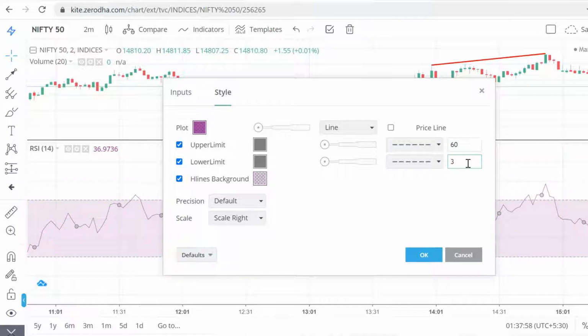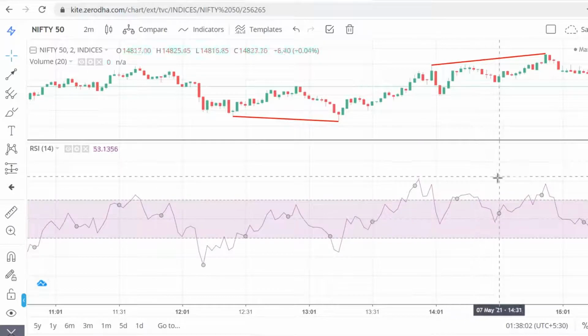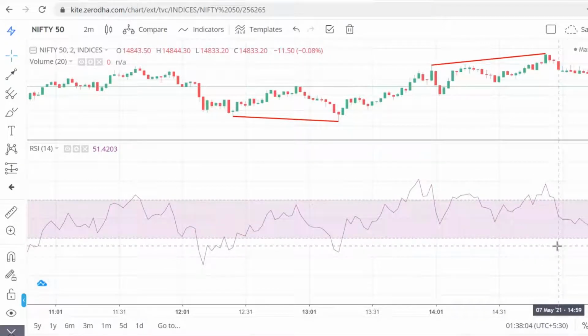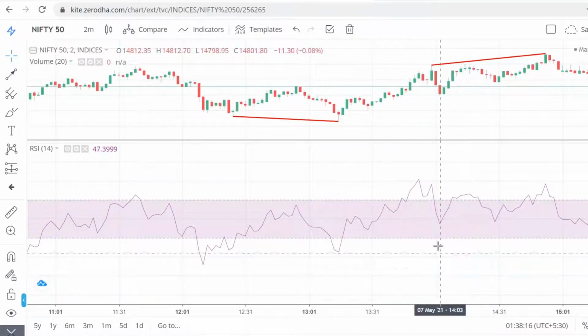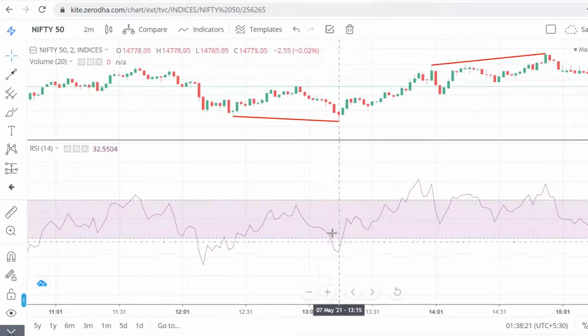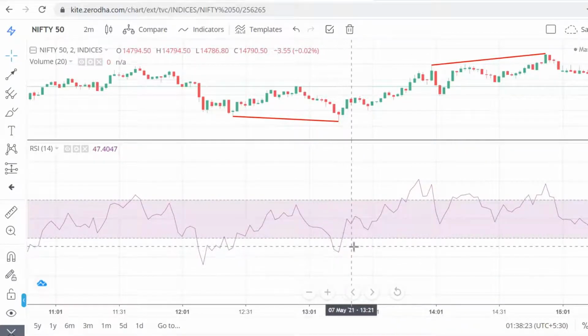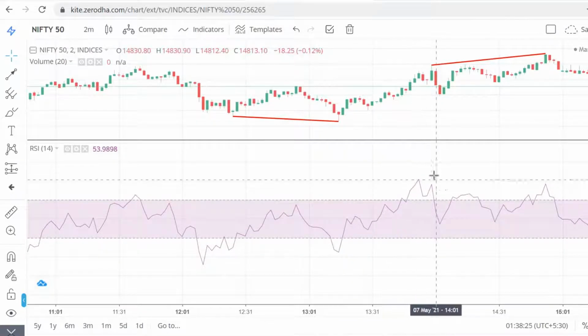If it is below 40 or below 30, or whatever you have marked, that tells you that below 40% people are bearish. That is how you come to know by RSI. See here, above 60% people are bullish and the rest are obviously bearish. So here you come to know that people are bearish here and bullish here.